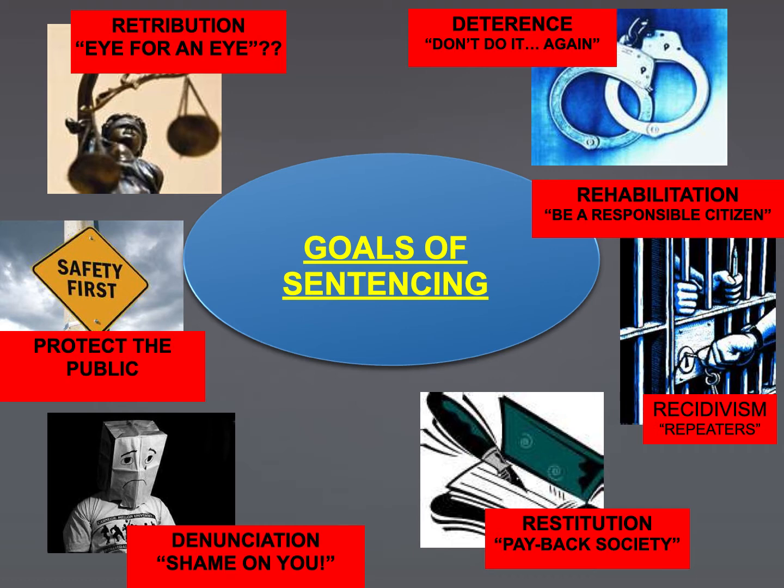That's why America does have the highest incarceration rate of any industrialized and developed nation. But the idea of the goal of rehabilitation is to bring someone back so they can be a responsible, law-abiding citizen.